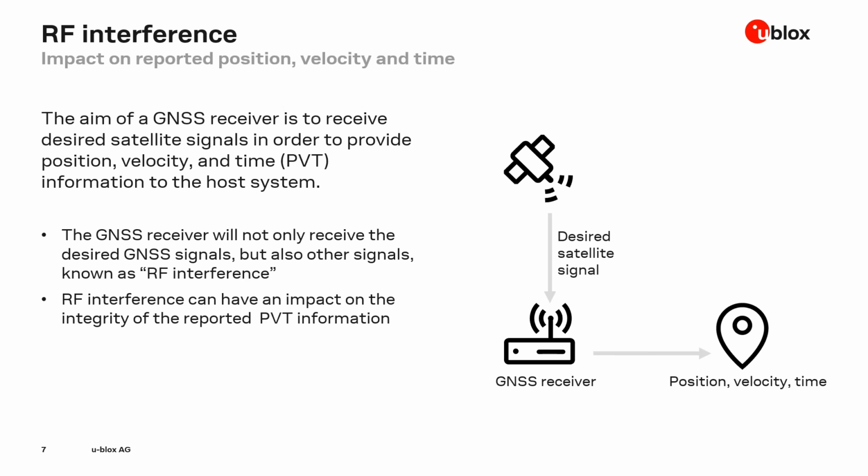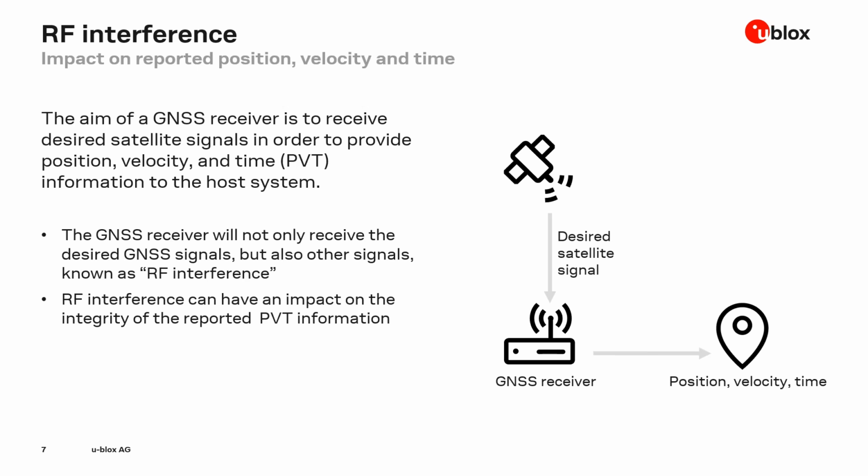And of course, it's not only the case that the receiver will receive the desired signal, but it will also receive some other RF signals, and this we call RF interference.